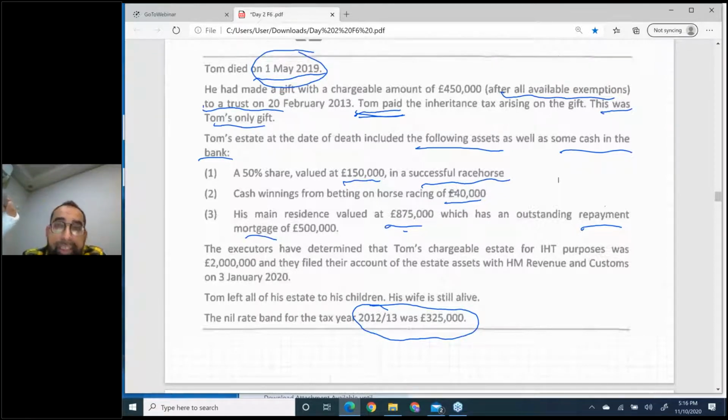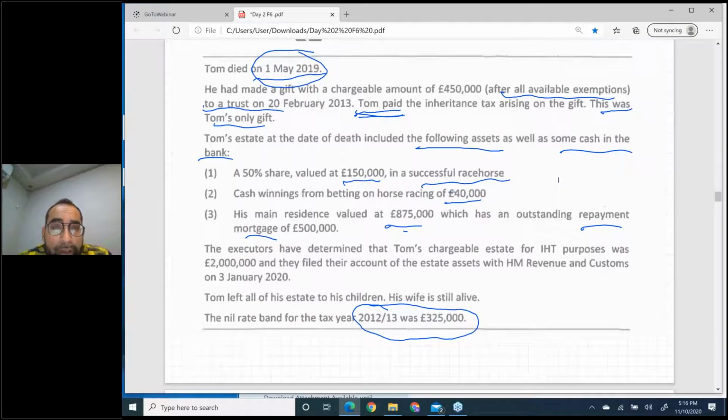A normal mortgage is always allowed. So 875,000 less 500,000 is 375,000. These three numbers will be added in the death estate: 150,000, 40,000, and 375,000.